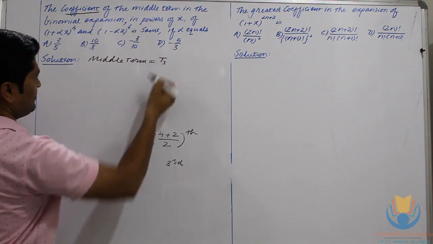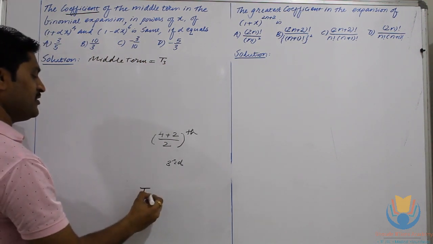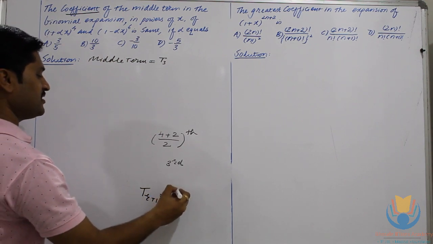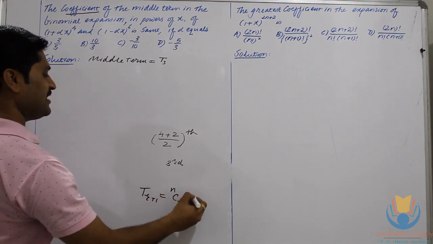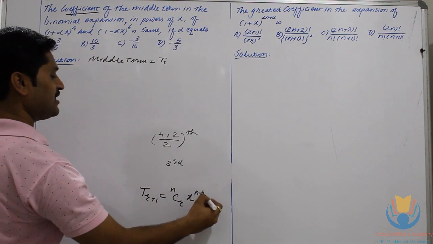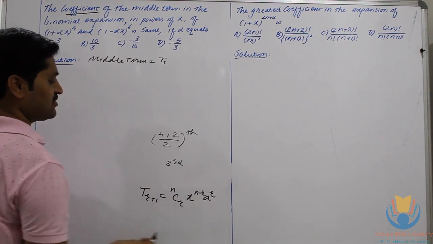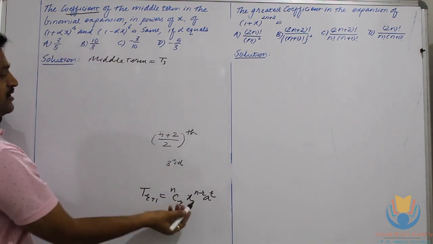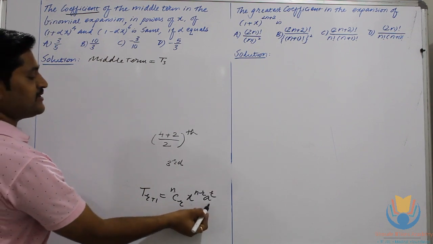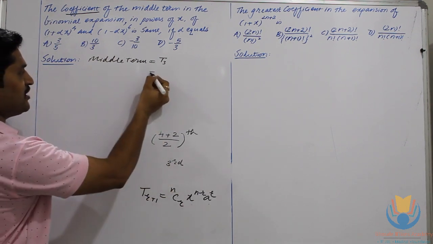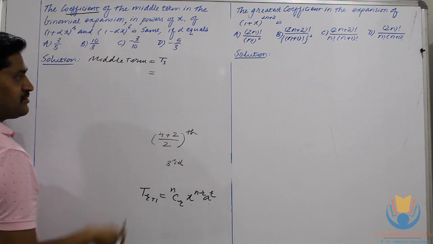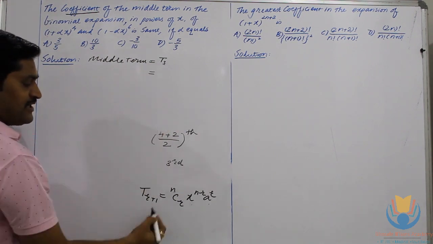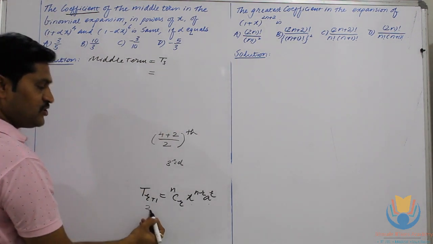So that third term, as I said, for finding the third term, we will use this formula: T(r+1) is equal to nCr into x raised to n minus r, and a raised to r. So here the value of n is 4, that of x is 1, that of a is alpha x. Let's put those values. And a very important thing, while finding the third term, we always put the value of r to be 2 here.